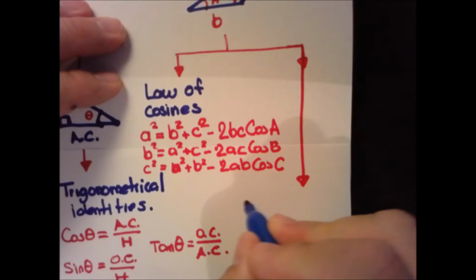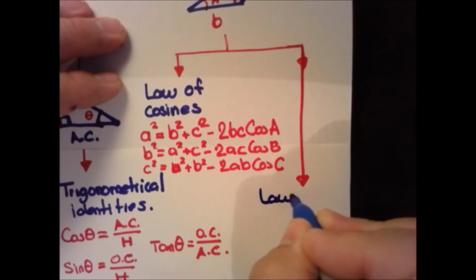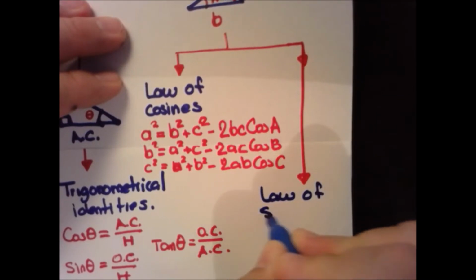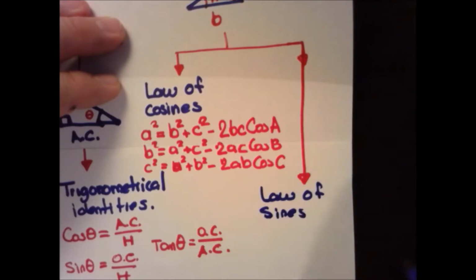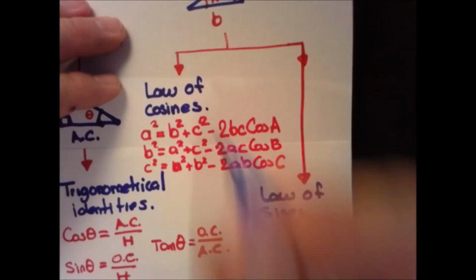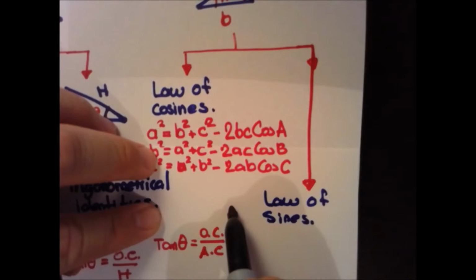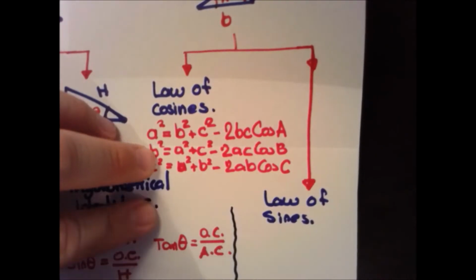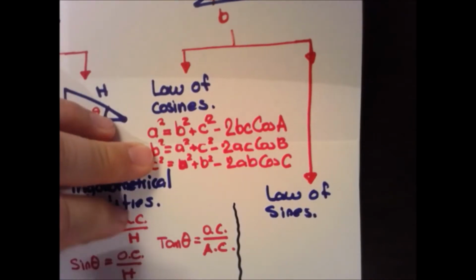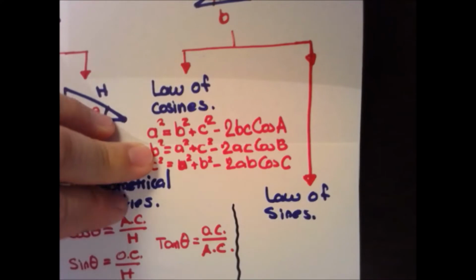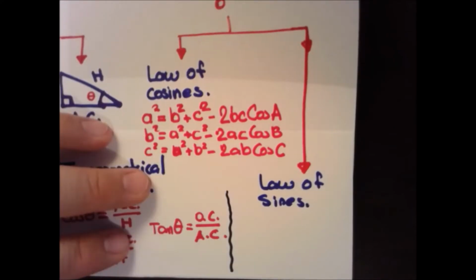Well, the second option that I have to work with oblique triangles is going to be the law of sines. Let me separate it over here so we're not confused. Okay, it's just a reference between proportions.